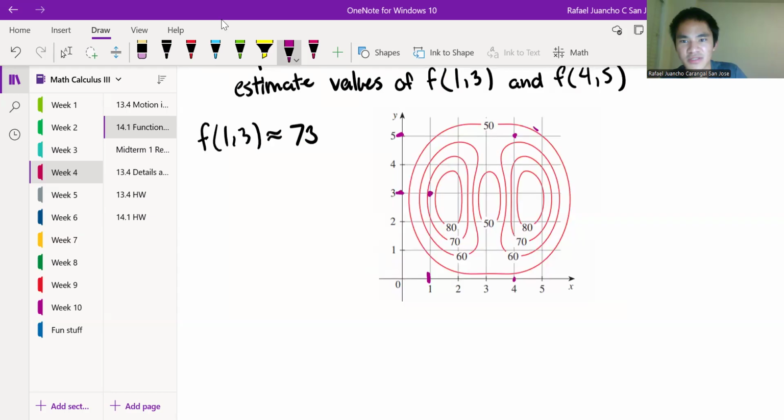So it's between this curve, this curve. That's the horizontal trace when z is 50, and then this other horizontal trace when z is 60. So it's somewhere between those two. So my f of 4, 5 is somewhere between 50 and 60. So we'll just do 56.